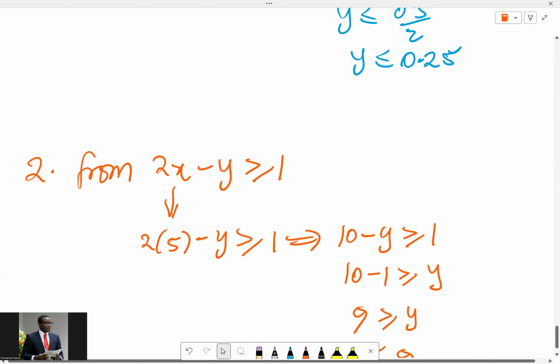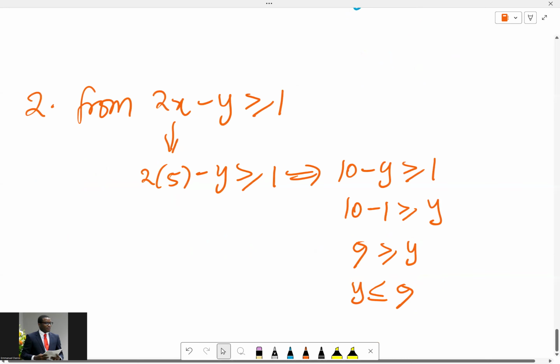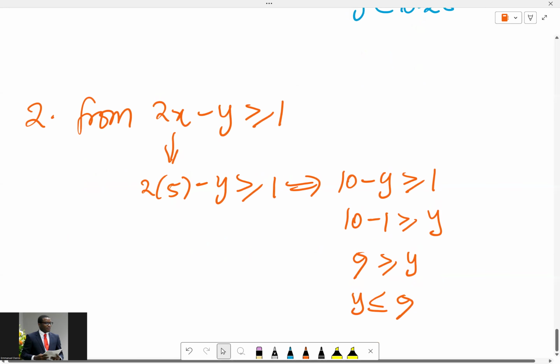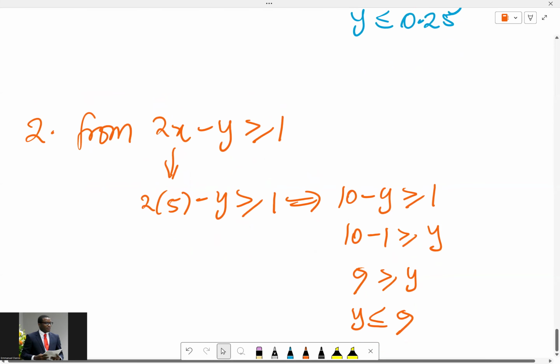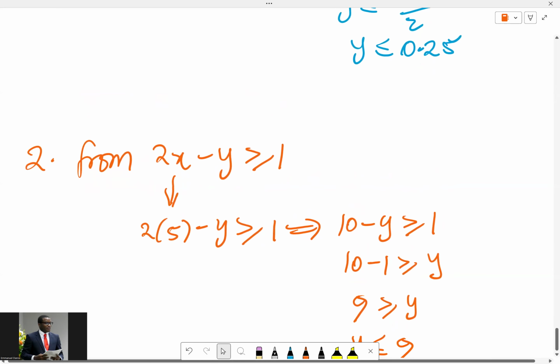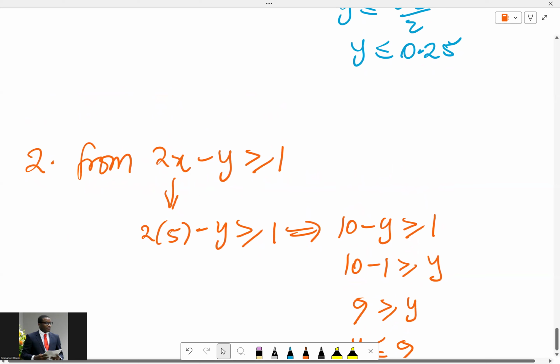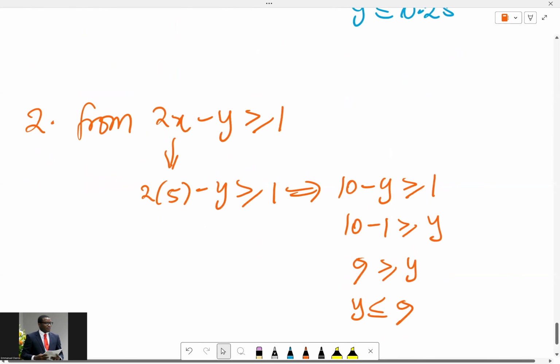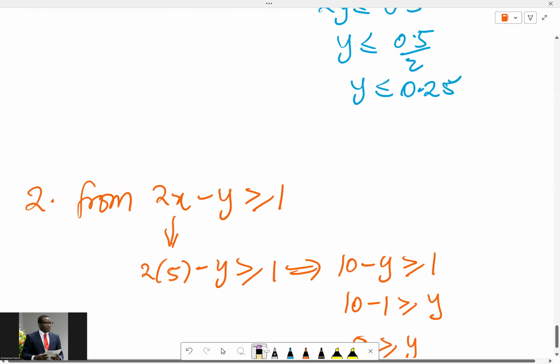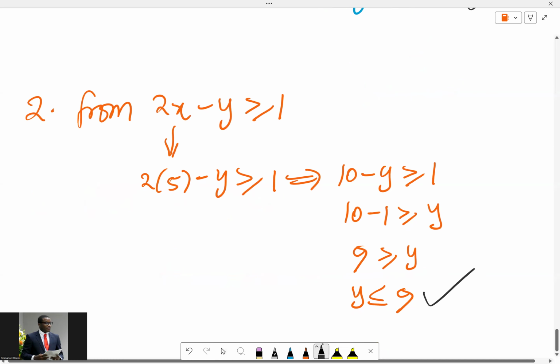here we have y less than or equal to 9. Y is less than 0.25. So the stronger thing here, if we look at the number line, is that y is less than or equal to 0.25 and y is less than or equal to 9.